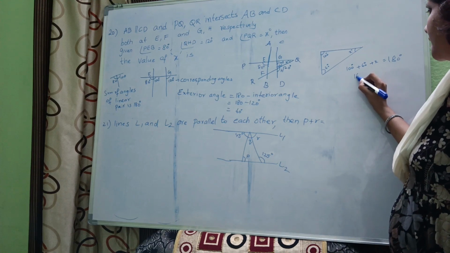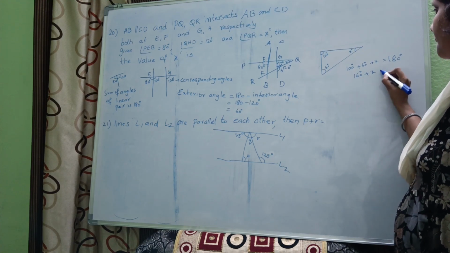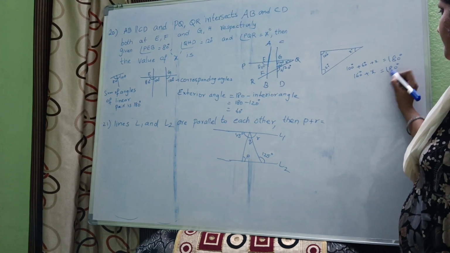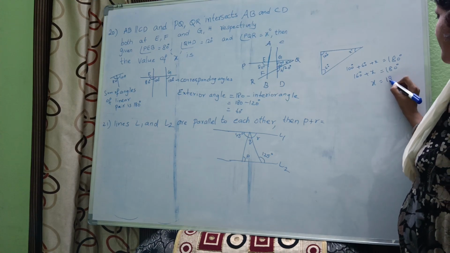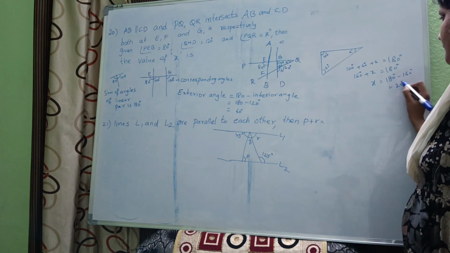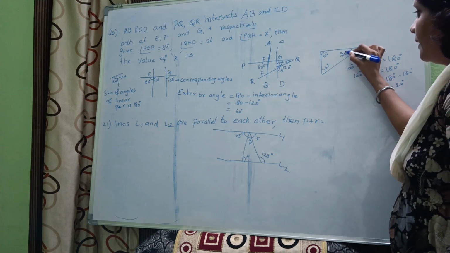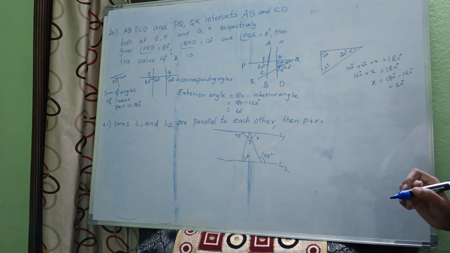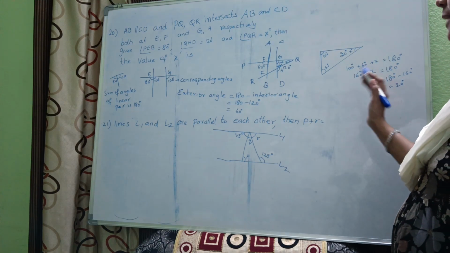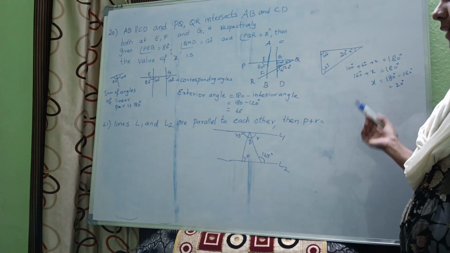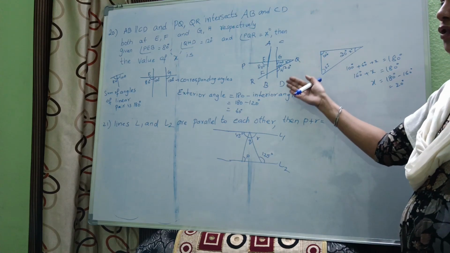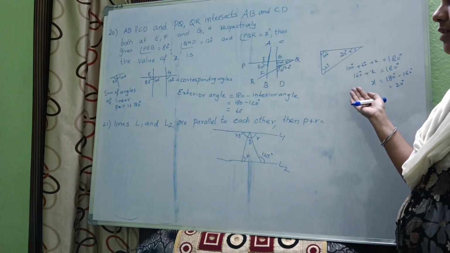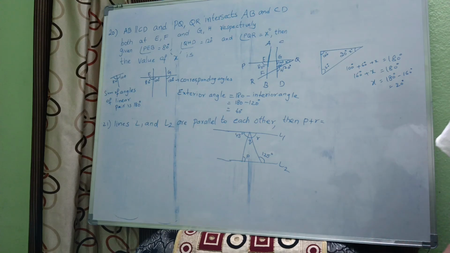So 160 degrees plus x is equal to 180 degrees. So x is equal to 180 minus 160, that is 20 degrees. So x is 20 degrees. See how many pictures I have drawn: almost 3 pictures to get the values. I broke the question into 3 pictures and solved it.